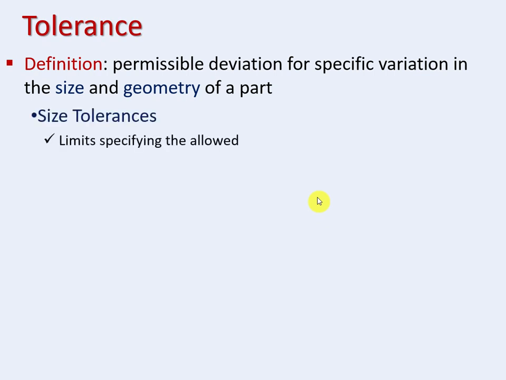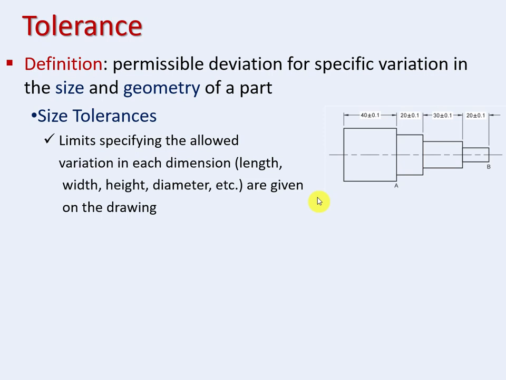Size tolerances are limits specifying the allowed variation in each dimension like length, height, diameter, and should be given on the drawing. As you see in this example, 40 plus minus 0.1. That means the tolerance how much? 0.1 plus 0.1, which is the range 0.2. Or plus minus 0.1.